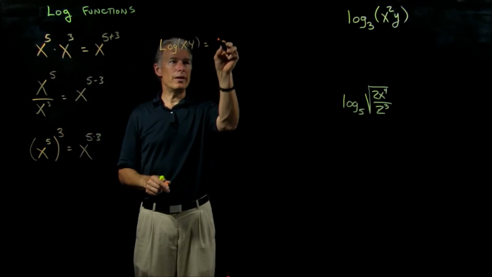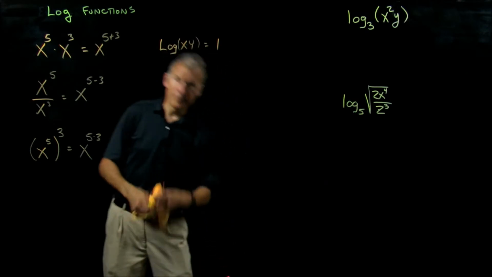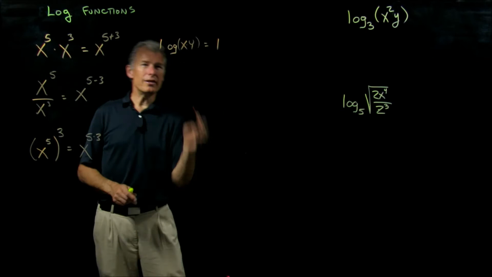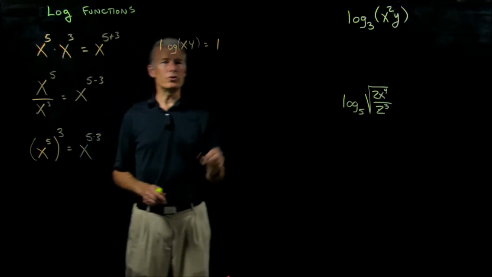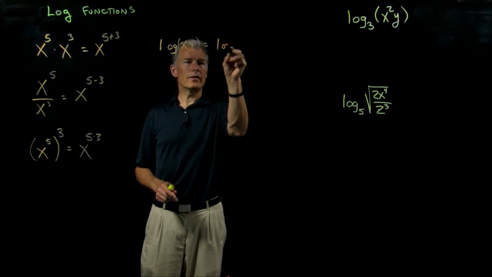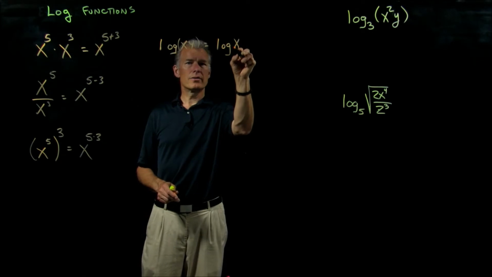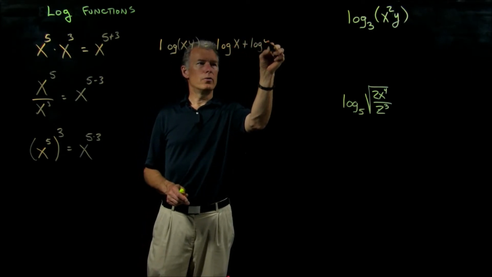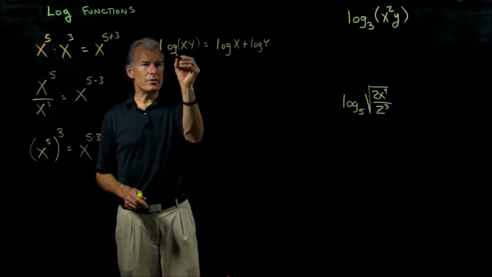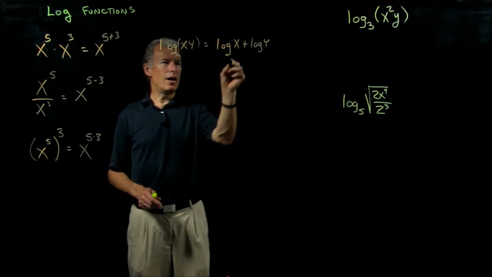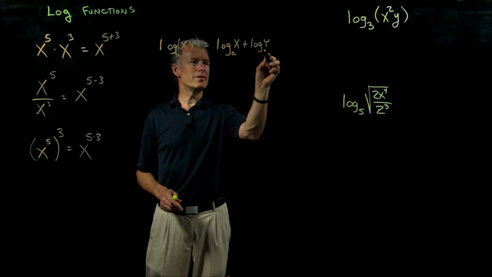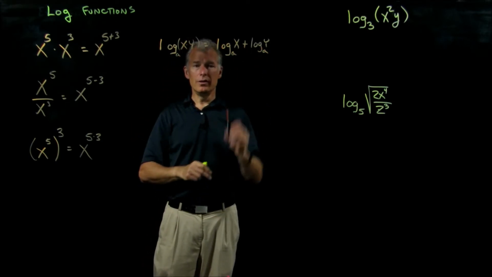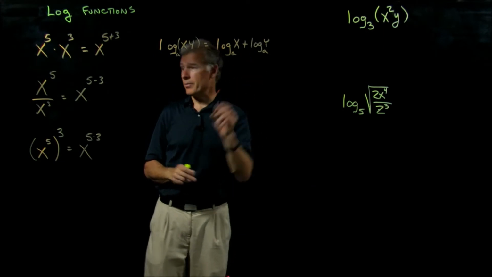So I can rewrite this as, try to stick with the lowercase, it's not crucial, but this then would be the log of x plus the log of y. And this could be any base. You know, this might be base 10. I'll call it right now just base a. So multiplication is the same as breaking it up into an addition problem.